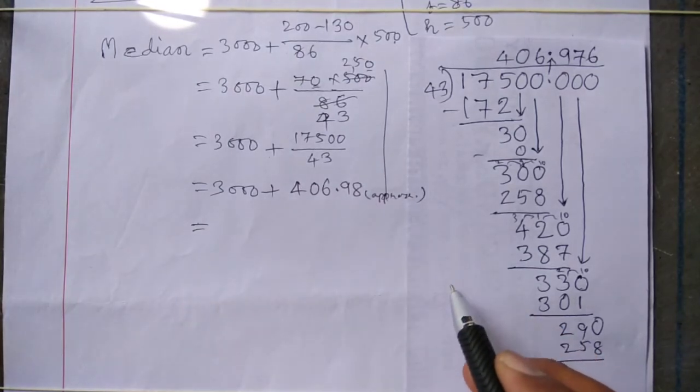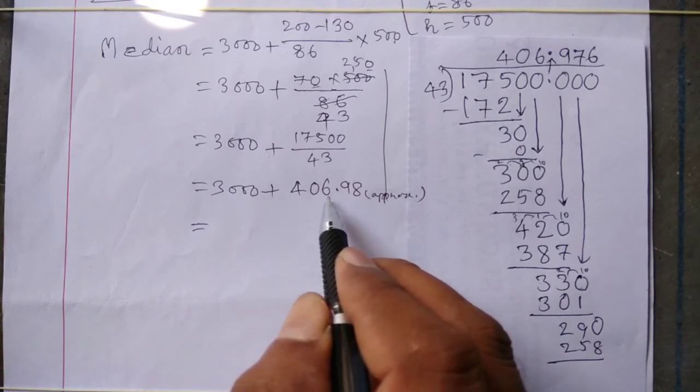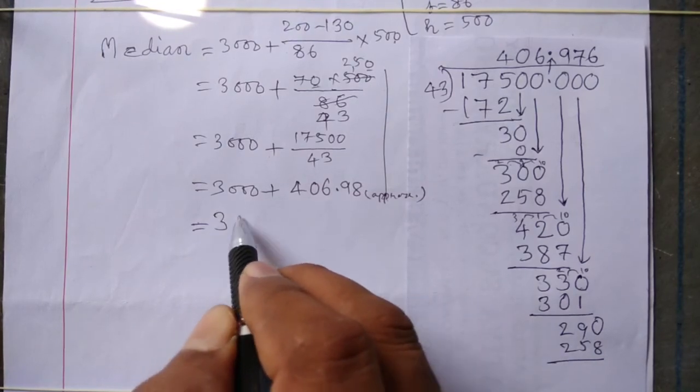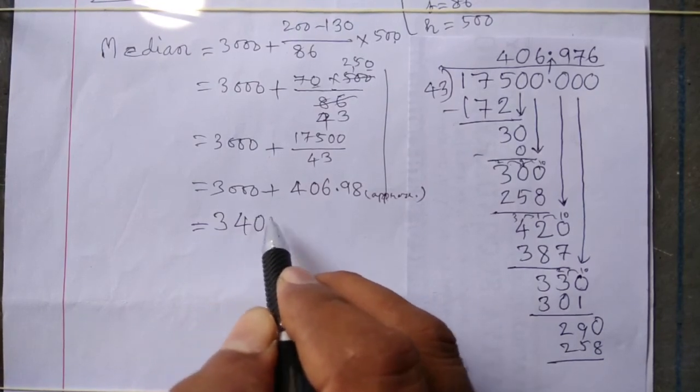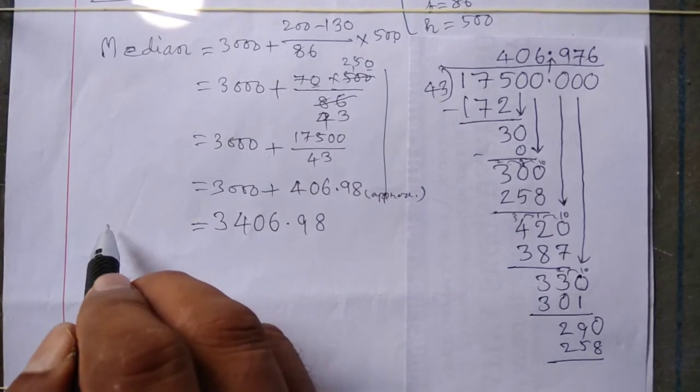We have to add this to 3000, giving 3406.98. This is the median.